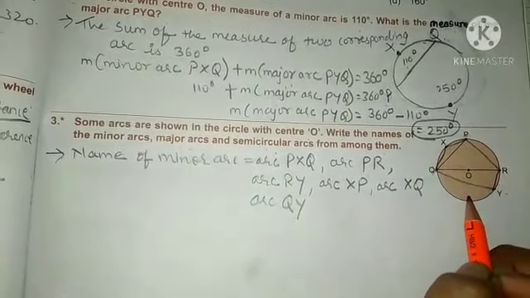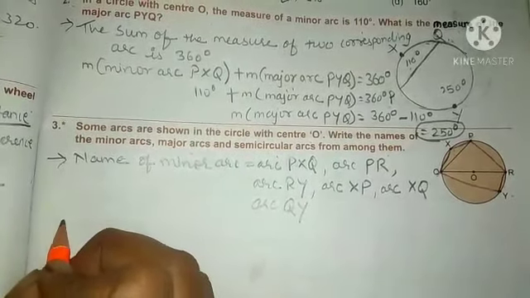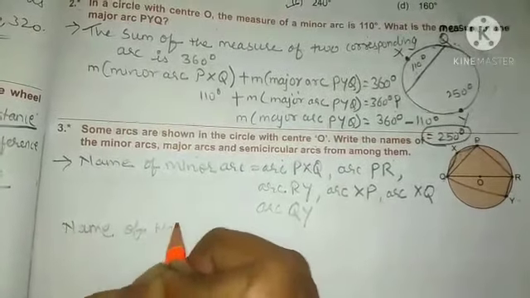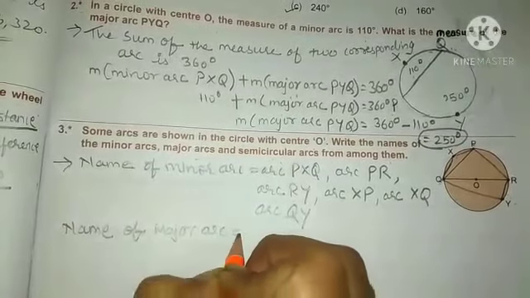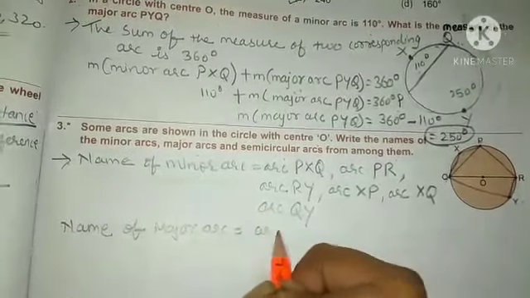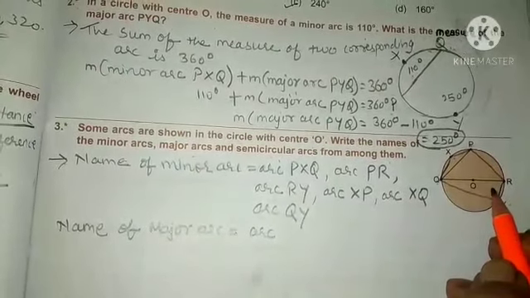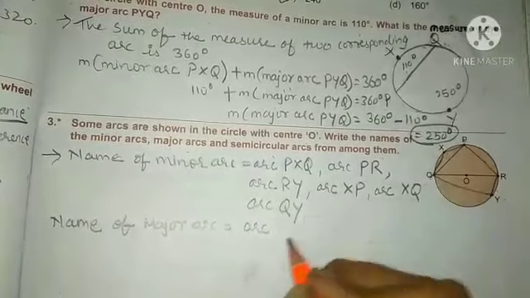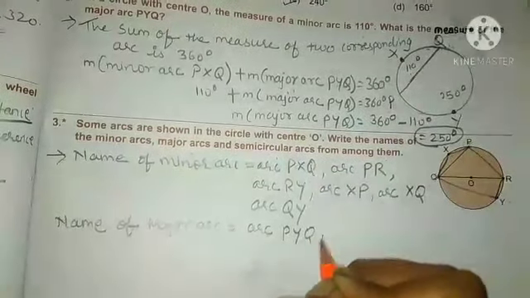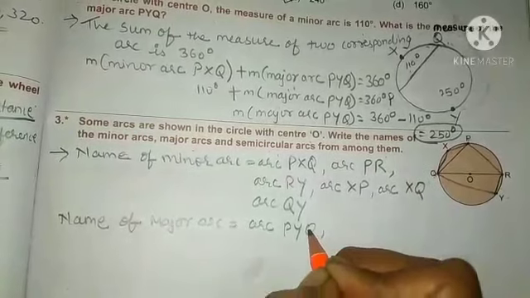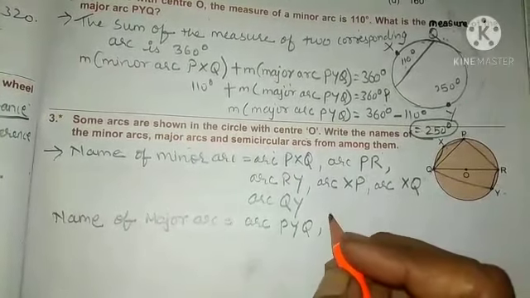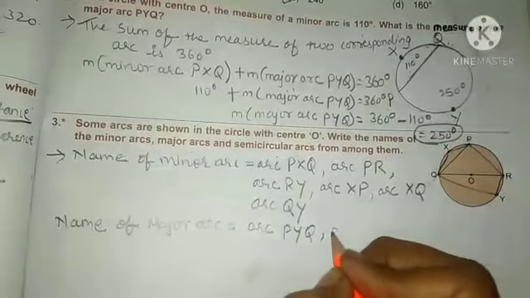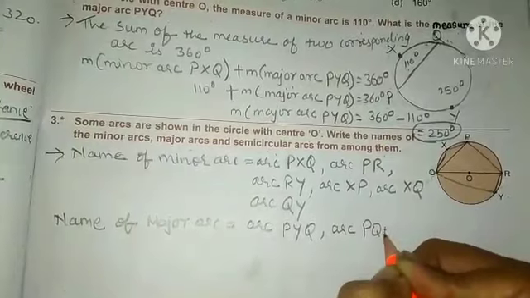Understood, students? Now next we have to write down the names of major arcs. Now what is your major arc? Here your major arc is, which one? That is PYQ. Understood? So PYQ is your major arc. Then the next major arc is PQR, which is also your major arc.